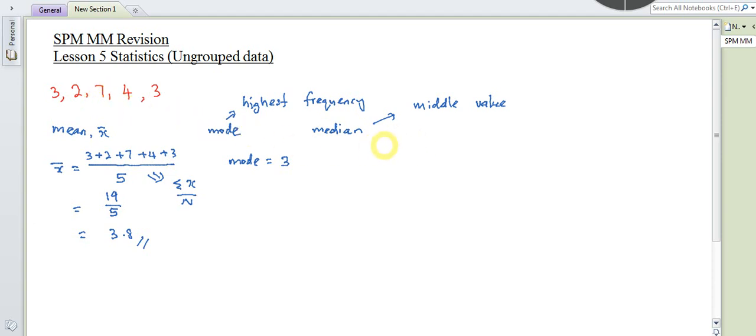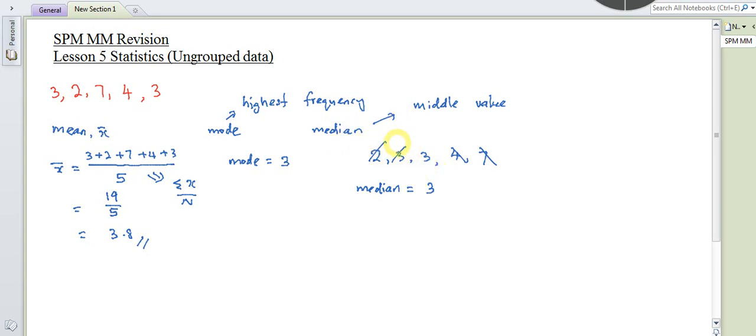It becomes 2, 3, 3, 4, and 7. We rearrange all the data first, then only we determine the middle value. So the median will be 3. This is the middle value.